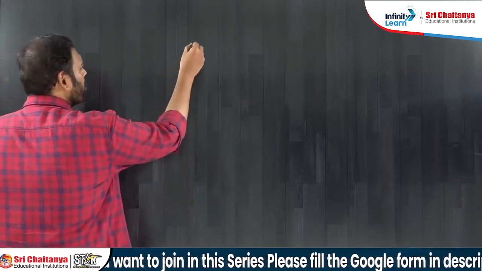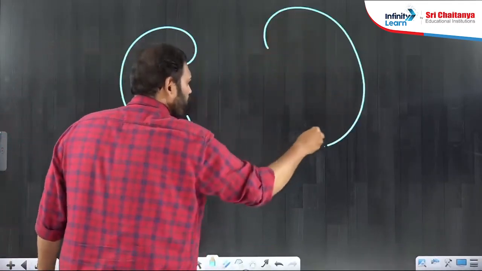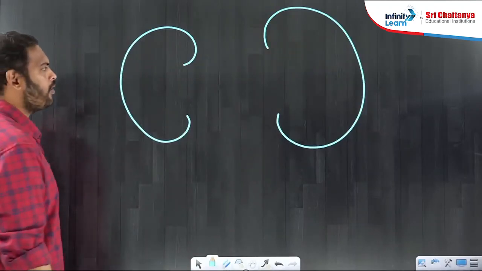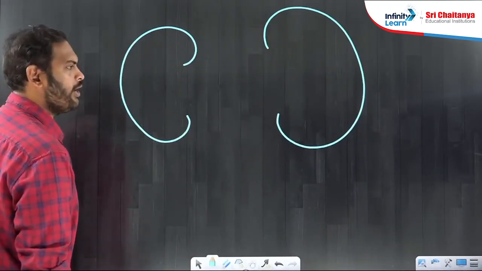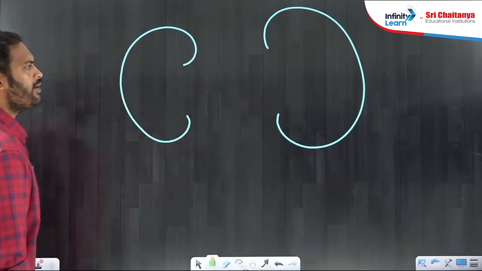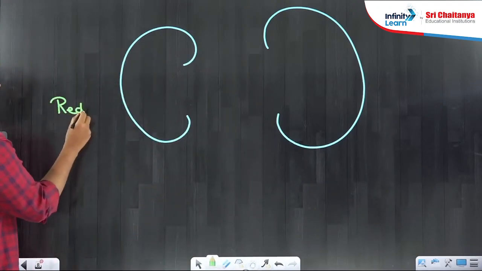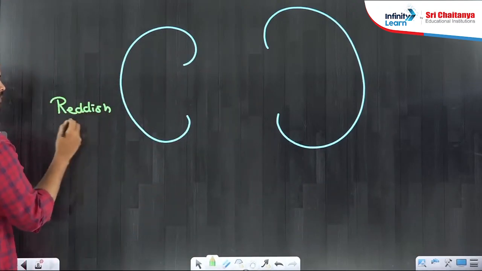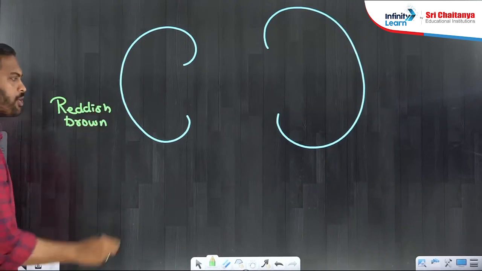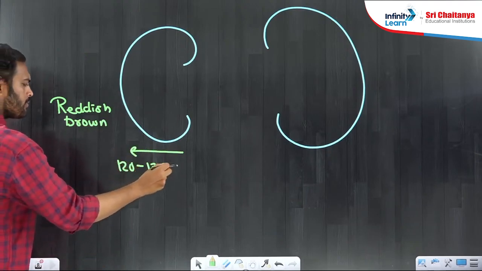Kidneys are bean-shaped organs. In humans, in our body, these kidneys look reddish brown in color, brick red, exactly. On an average, each kidney weighs between 120 to 170 grams.